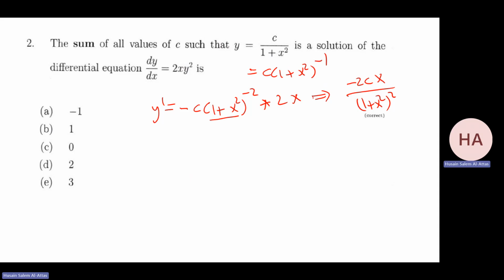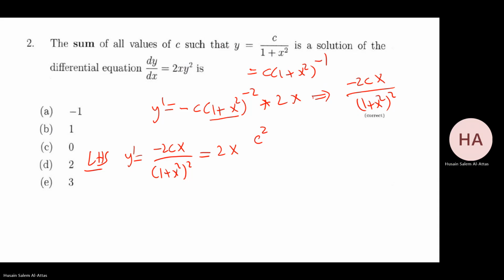Okay, substitute there. Left-hand side equal to right-hand side. Left-hand side, so I have y prime, which is minus 2cx over (1 plus x squared) squared. That should be equal to the right-hand side, which is 2x times, let me write it easily, c over (1 plus x squared) all squared.